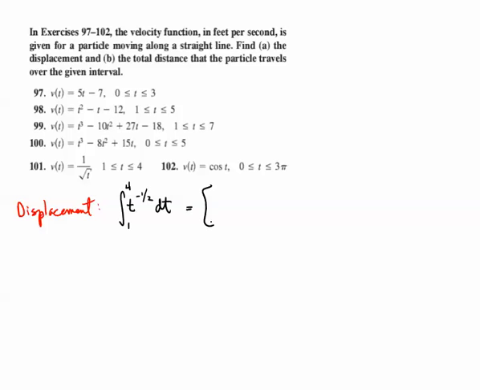So we're going to have t to the 1/2 divided by 1/2, or 2t to the 1/2 power from 1 through 4. And we're going to plug in 4, square root of 4 is 2, 2 times 2 is 4, minus square root of 1 is 1 times 2. And so we should end up with a displacement of 2.